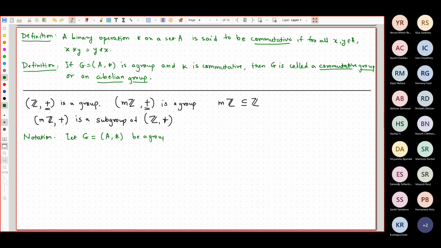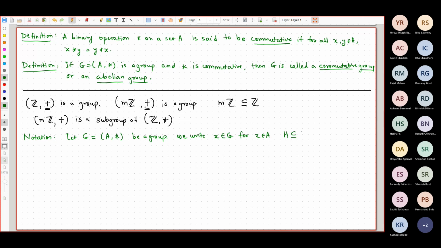Then X belongs to G is the same as saying X belongs to A. When we say an element belongs to a group, we actually mean that it belongs to the set part of the group.